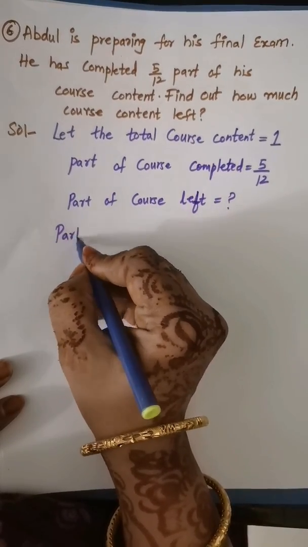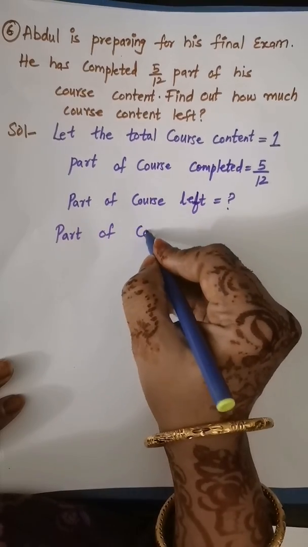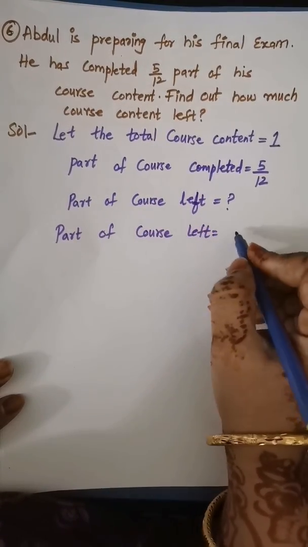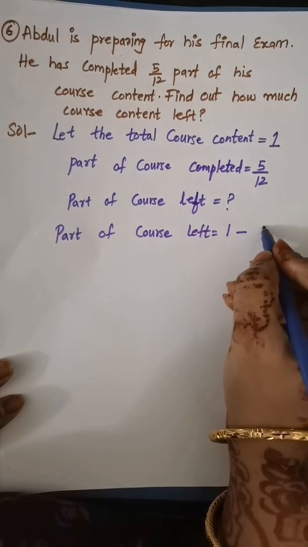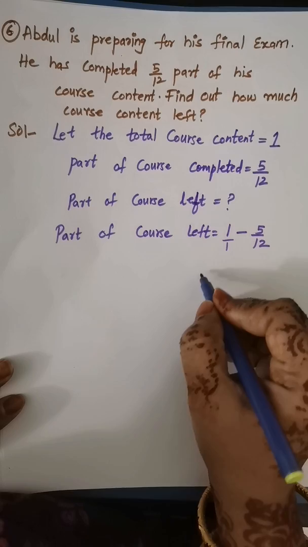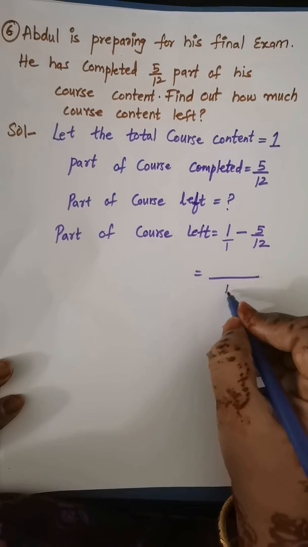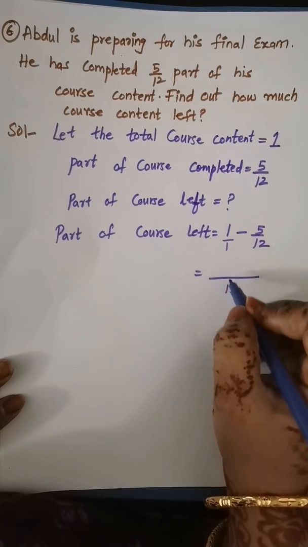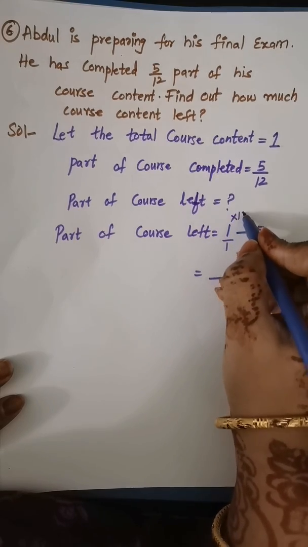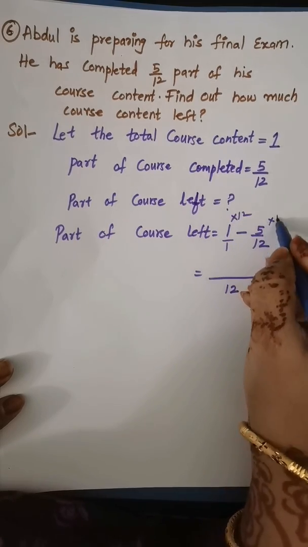So to find part of course left, what you have to do? 1 minus 5 by 12 you have to do. Nothing is there means 1. LCM of 12 and 1 will be 12. See the denominators. 12 in one table into 12, 12 in 12 table into 1.